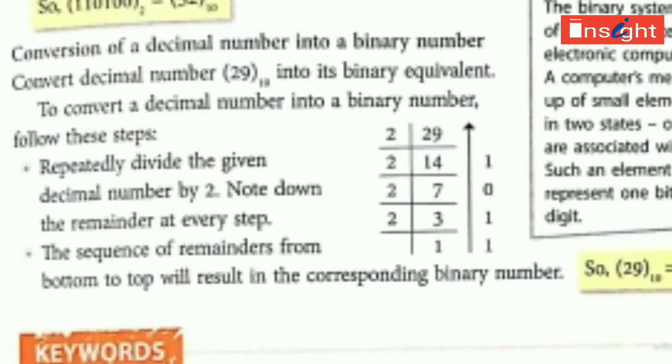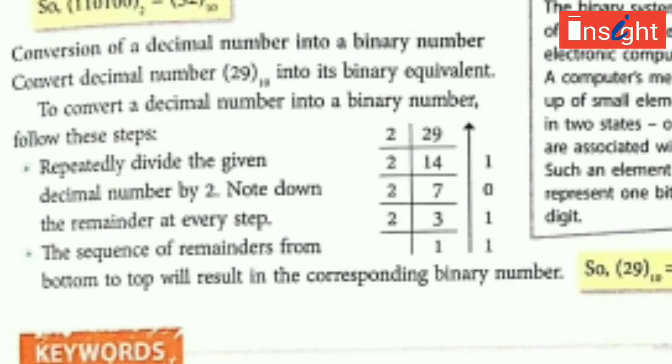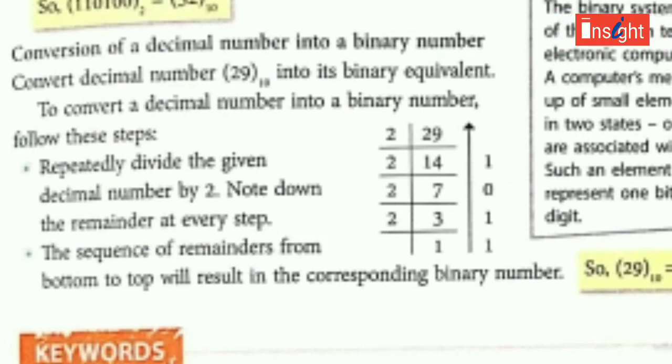Children, now let us see the conversion of a decimal number into a binary number. Here in your book, one example is taken, 29. To convert decimal number into binary, we have to repeatedly divide the given number by 2 and note down the remainder at every step. You know, when we divide any number by 2, we will get the remainder as 1 or 0.